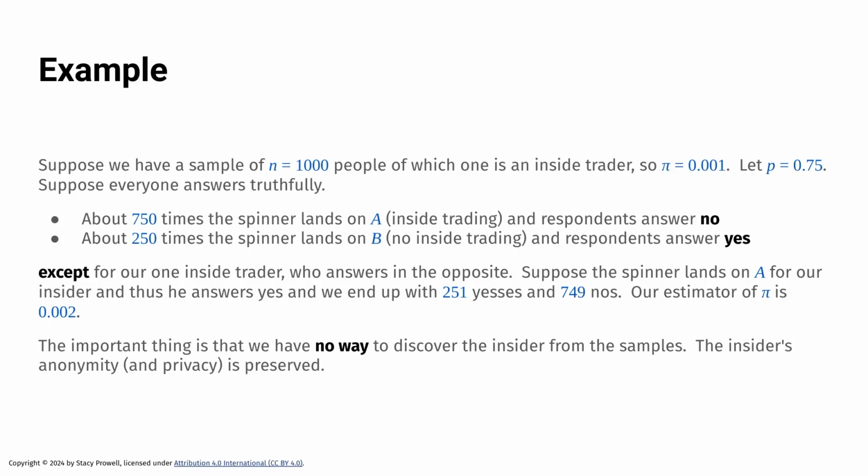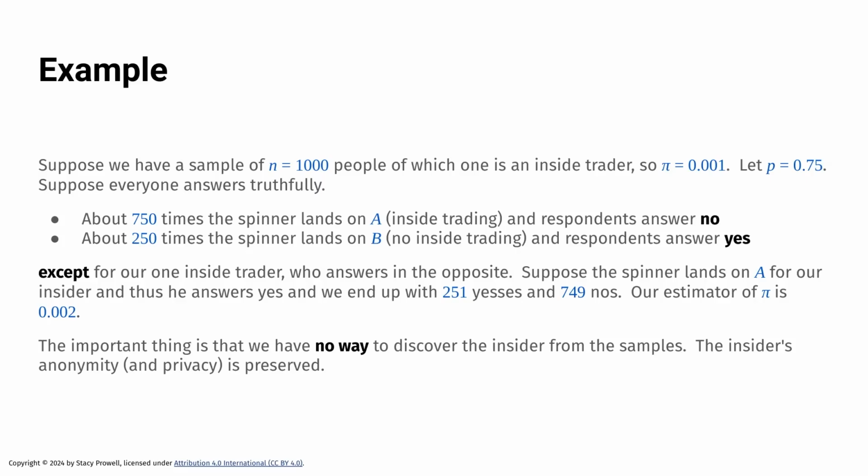Okay, let's apply this to see what's going on. Suppose we have a sample of 1,000 people, one of which is an inside trader. So we know some stuff. We know that pi is 0.001, 1 in 1,000. We know that P is 0.75 because we get to pick that part.